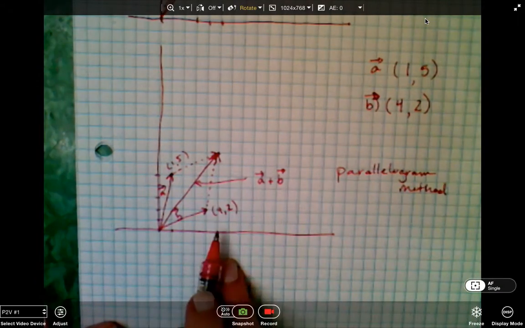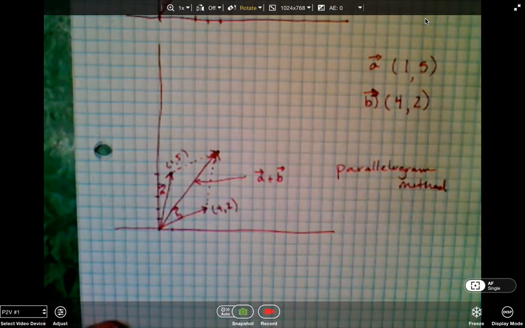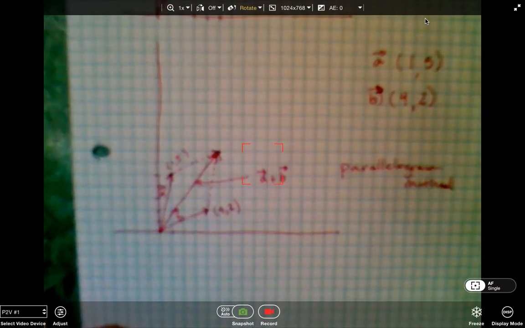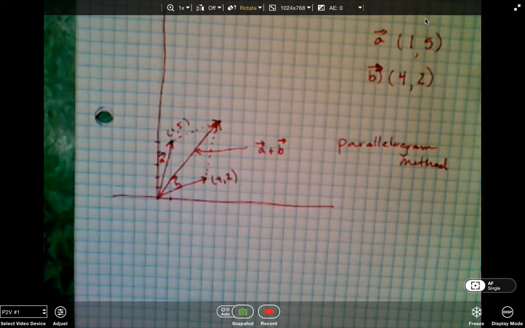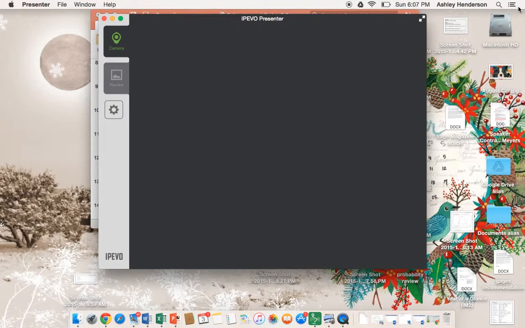So good if you already have A and B already drawn and you just want to find what A plus B is.